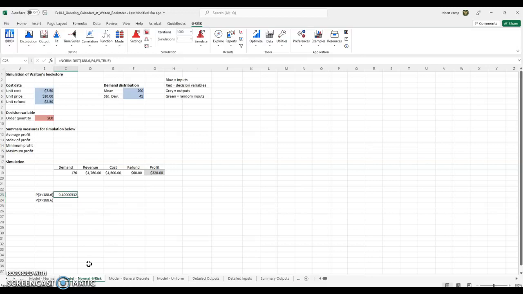Well, since the norm.dist equation only gives you things smaller, and you'd want to know bigger, we would just go 1 minus norm.dist, 188.6, with a mean of 200, a standard deviation of 45, and a true condition because it is continuous. And so we would have 59.999% that would be greater than it.